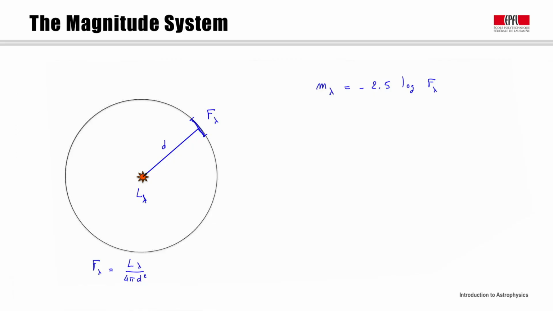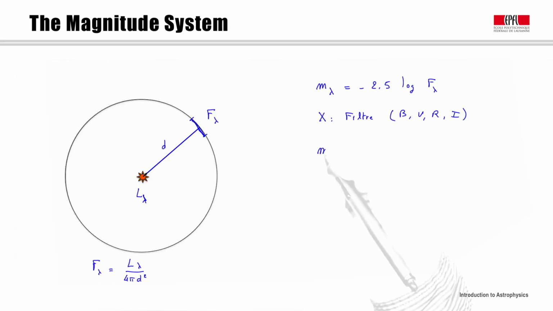Now we can also integrate the flux through a filter. So we can define, for example, if X is a filter for a certain bandwidth, for example B, V, R, O, U, I, as we defined earlier. So X can be one of those letters.